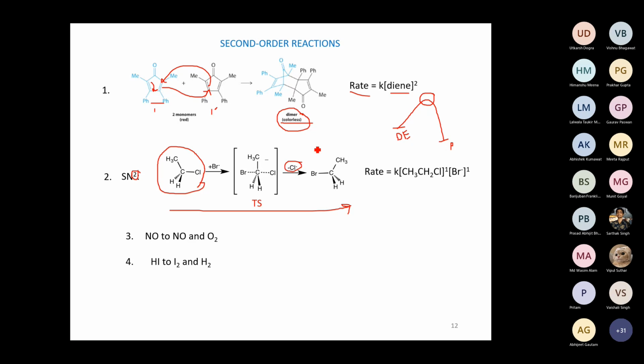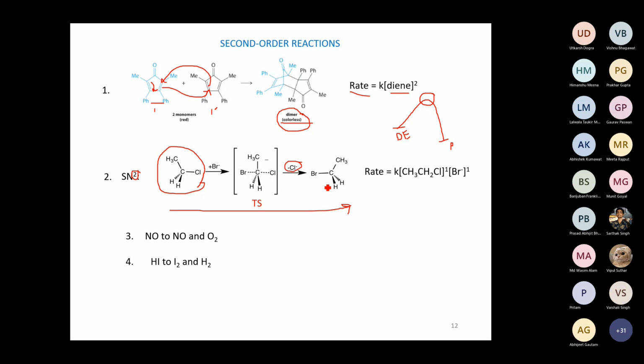This is called nucleophilic substitution. You can see the substitution of the chlorine atom with bromine. So ethyl chloride is converting to ethyl bromide. Okay, clear?